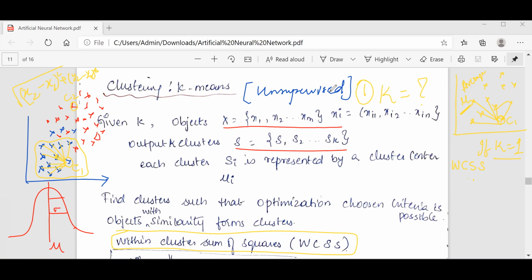I calculate it for all the remaining points in the given data set and take the average of all those values. That average is defined as the within cluster sum of squares, because this is one cluster.